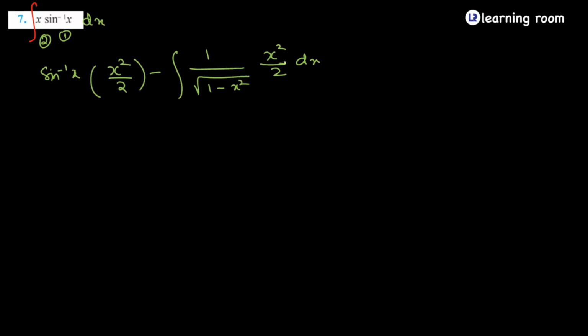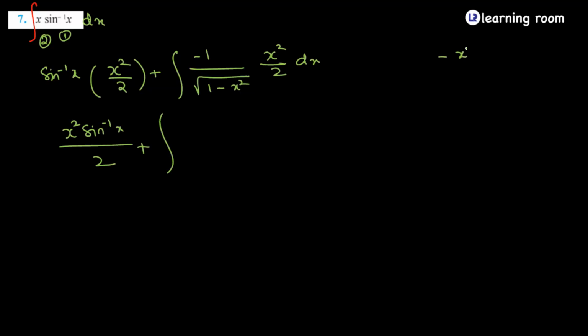Now we need to solve this, right? So what I'm going to do is observe this clearly. I'll put plus here and I'll put minus here, meaning I push the minus sign inside. Why I did it is because I have minus x square. So minus 1 into x square is going to be minus x square. So it is going to be x square sine inverse x divided by 2, plus integral of, what do I have?